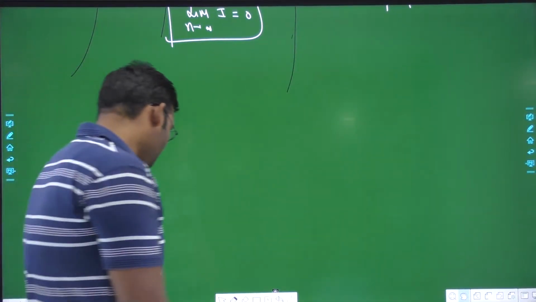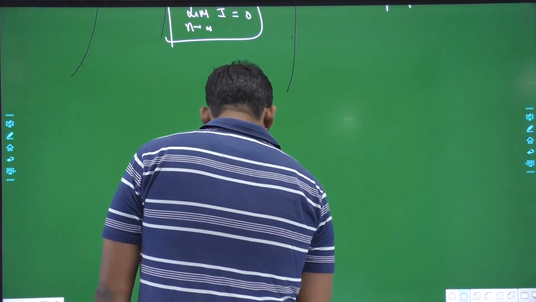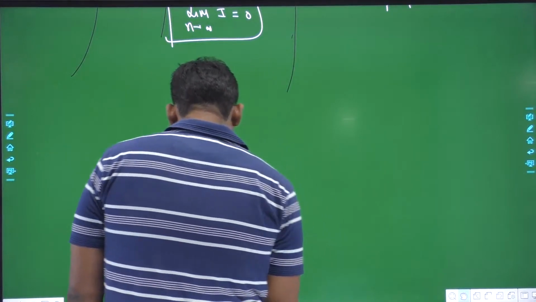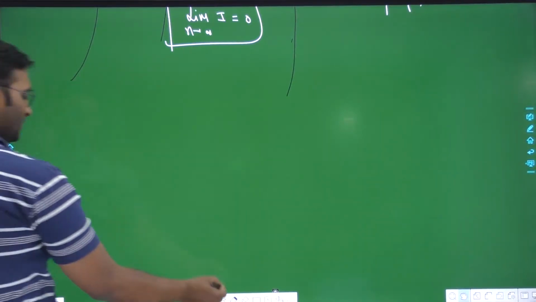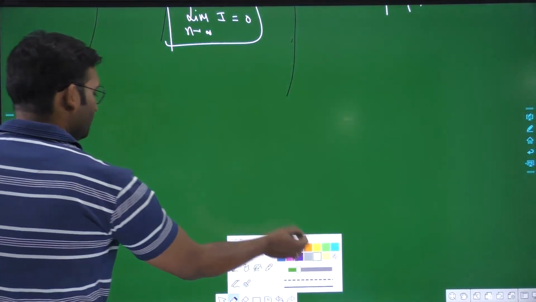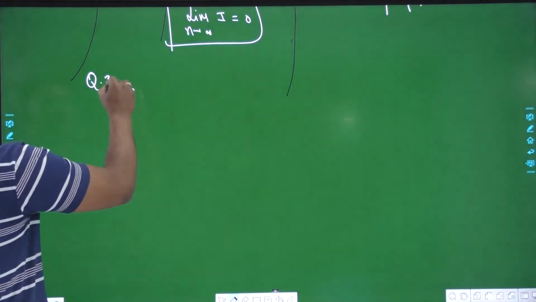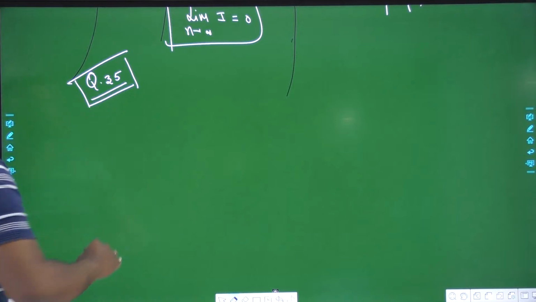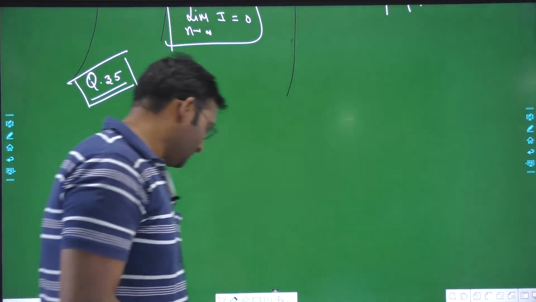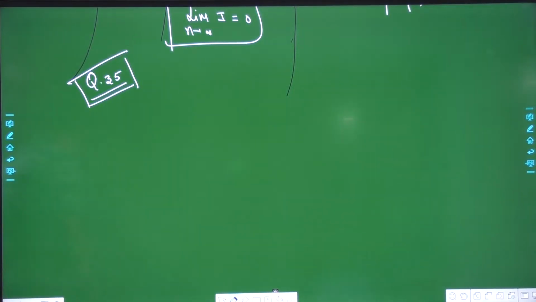Now next, let us move to another problem that was asked in the examination itself, and this is a very important problem. This was question number 35. Again, not an easy problem, but certainly it was covered in our classroom program. So let me just write the question.